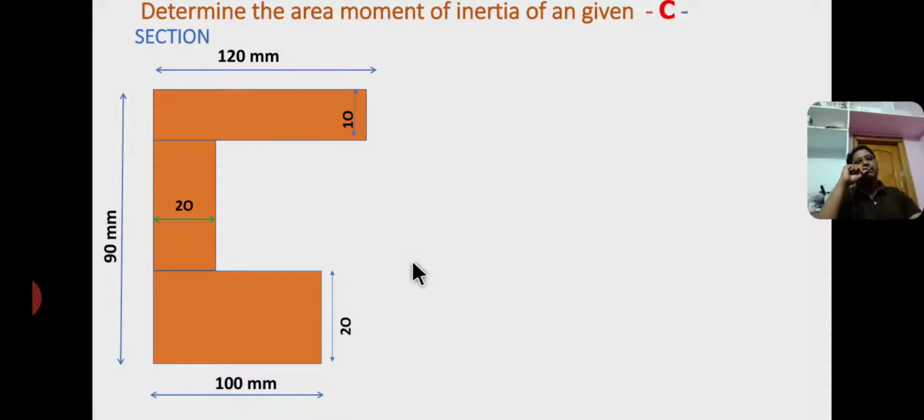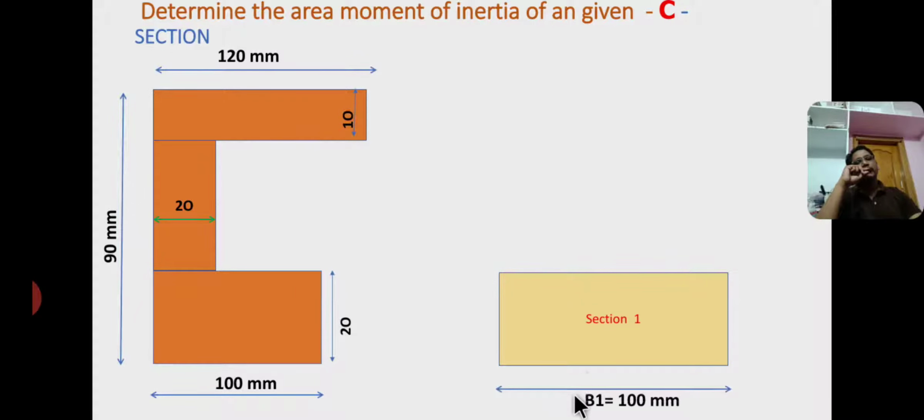Now first of all, the given section is split up into 3 rectangles. I am taking section 1 as the bottom rectangle, having base b equal to 100 mm and height d equal to 20 mm.